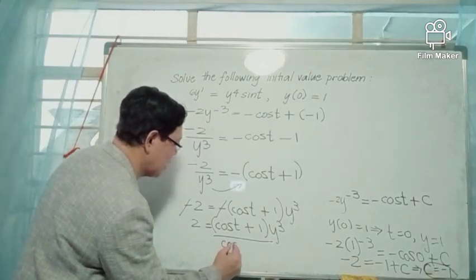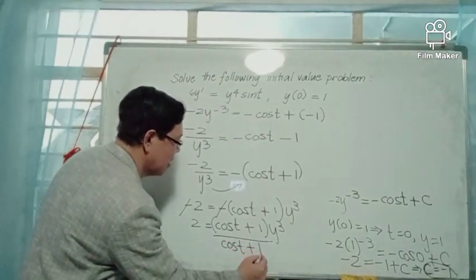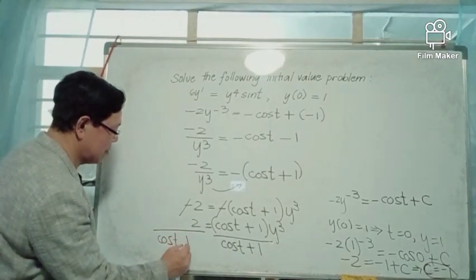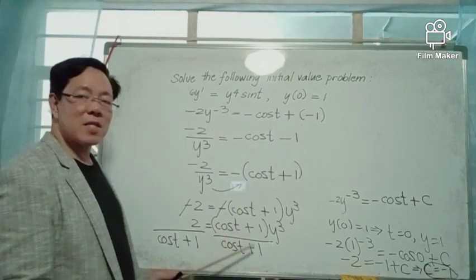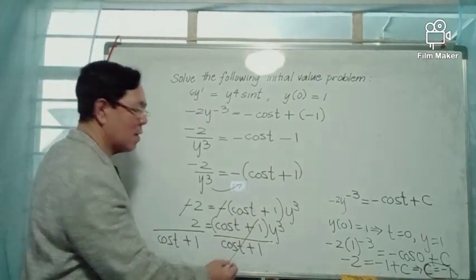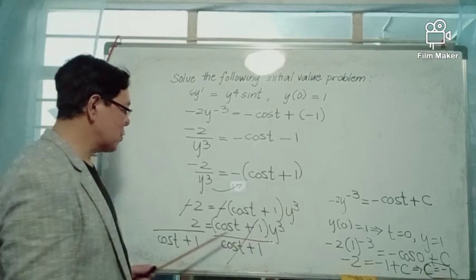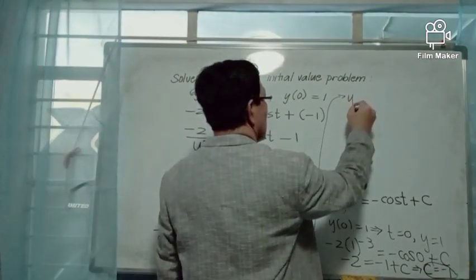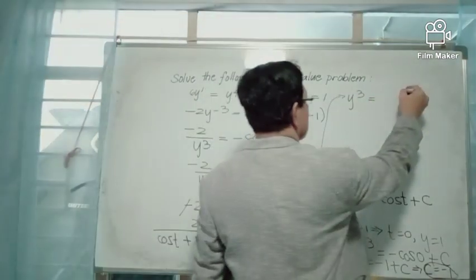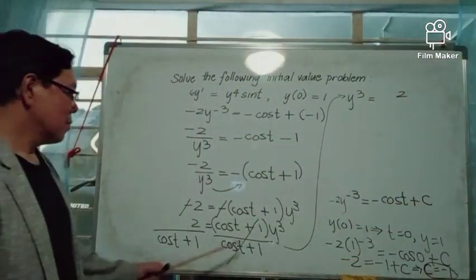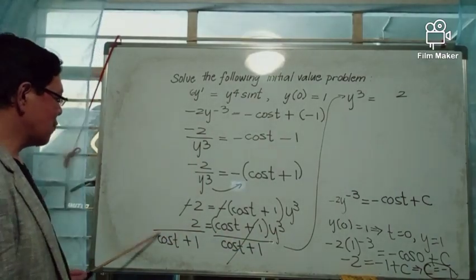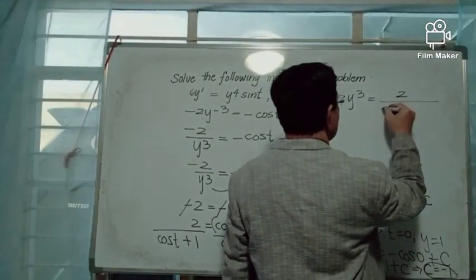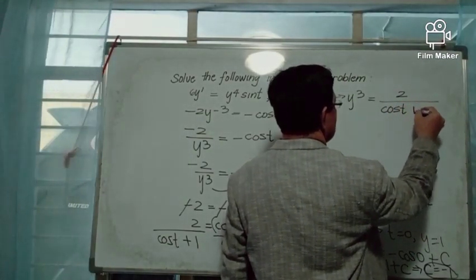Cosine t plus 1 will cancel out from the right-hand side, and we get y cubed equals 2 over cosine t plus 1.